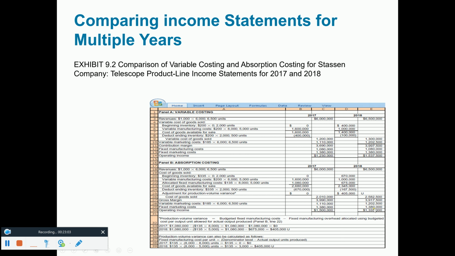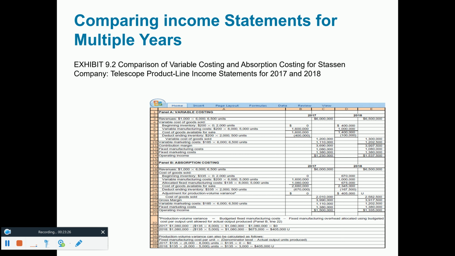You can see in year two, in year one, remember, the operating income was higher using absorption costing than variable costing. In year two, it's the opposite. You can see the operating income is higher using variable than absorption. The reason for that is because we sold more units than we produced.